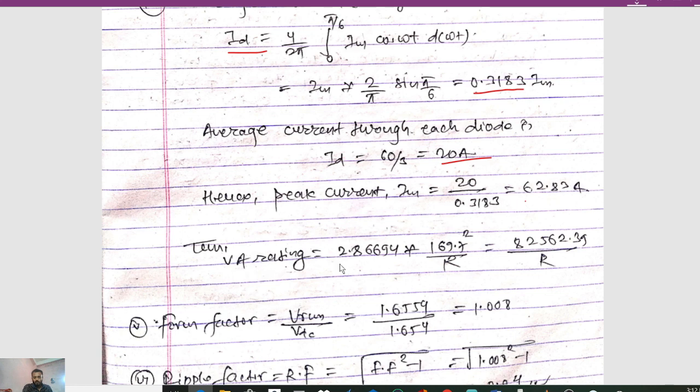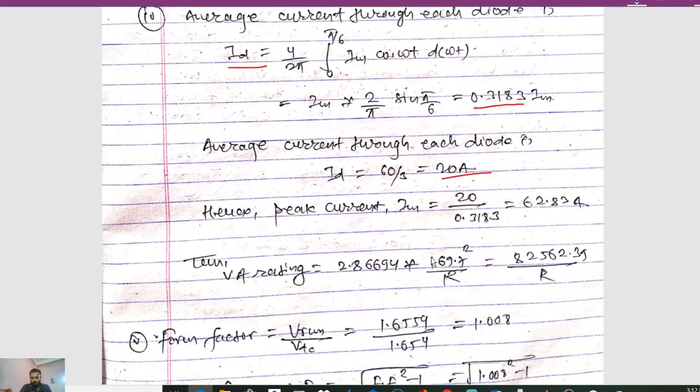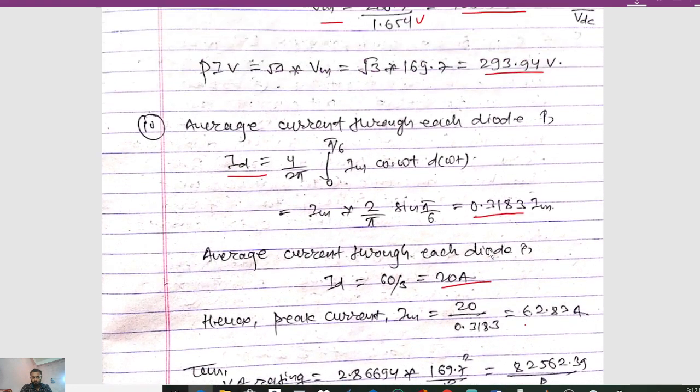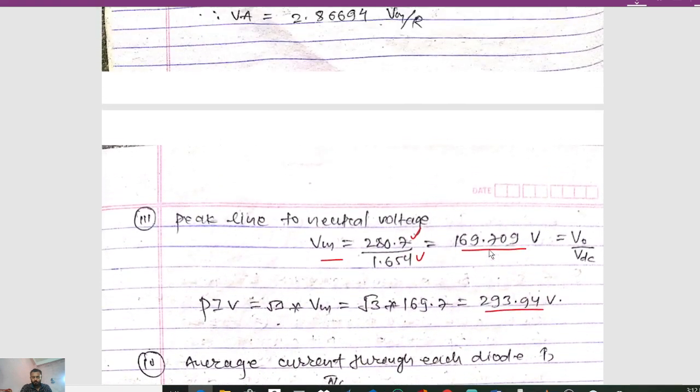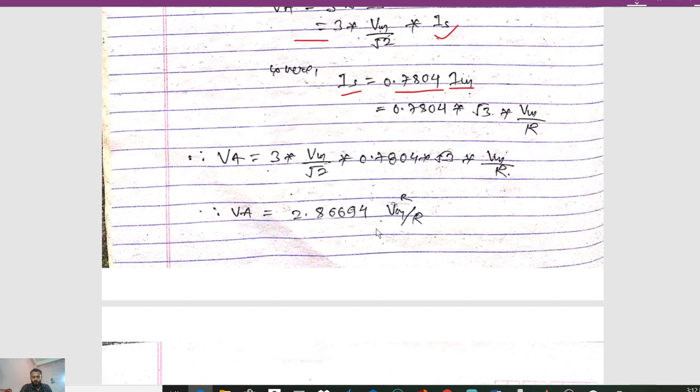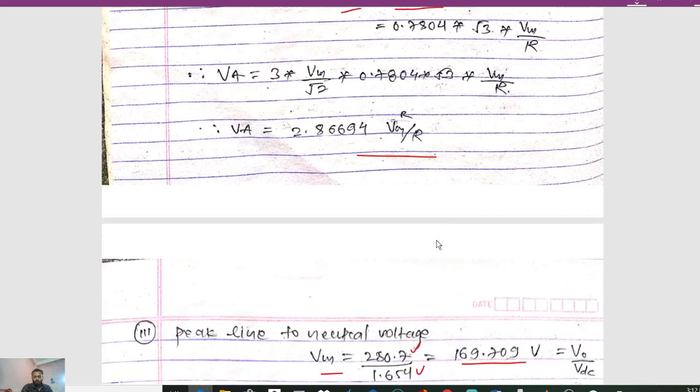So the voltage rating will be 2.86694 into 169.7 square upon R. Here you can see the voltage rating is 2.86694 into Vm square upon R. So we have just substituted the value of Vm.